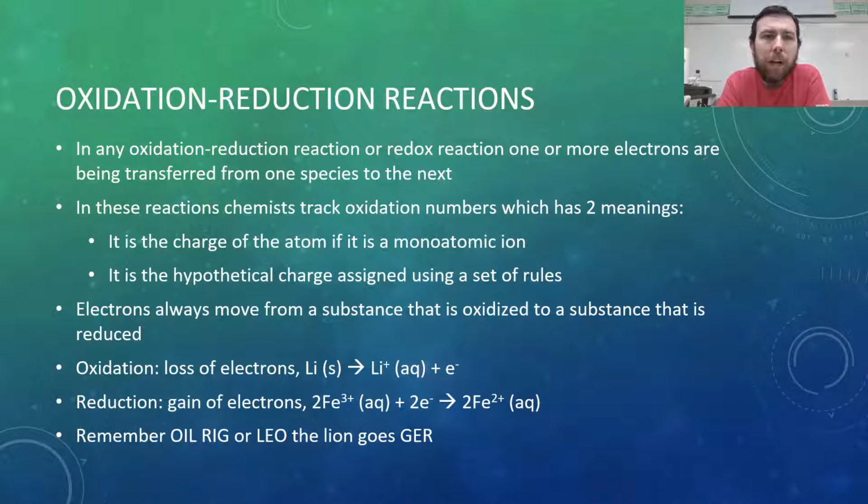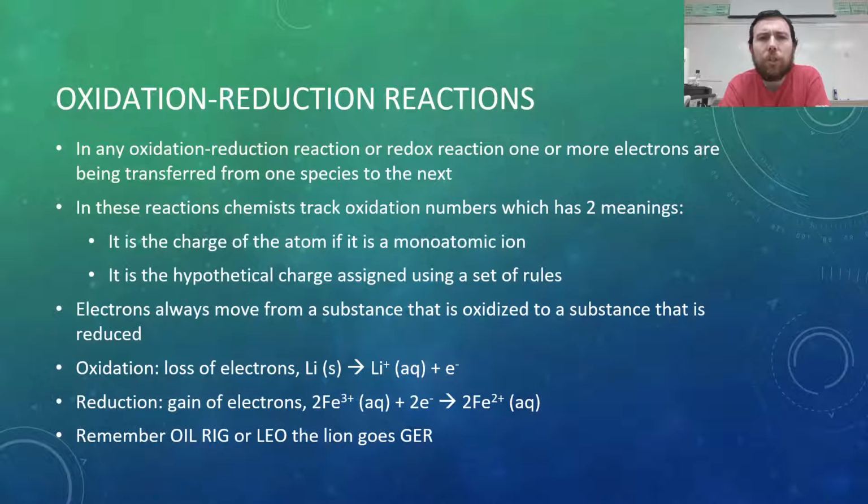Now, within redox reactions, chemists make use of a tool called oxidation numbers. Oxidation number is something you may be familiar with. You may be thinking back to this first thing I'm listing here, the charge of an atom if it's a monatomic ion.